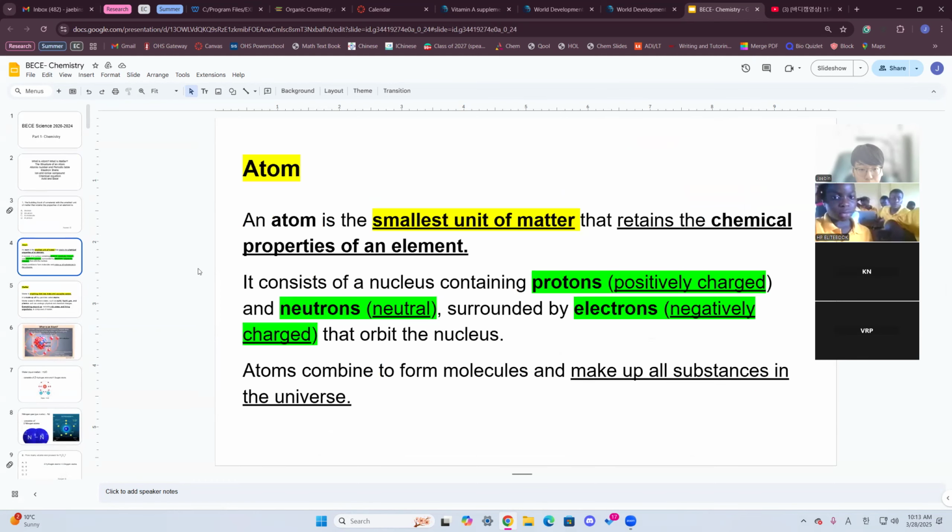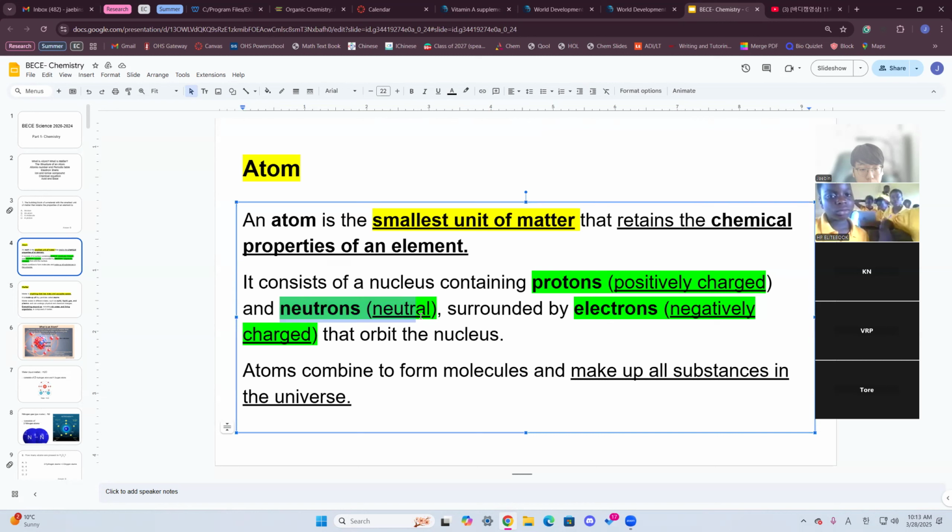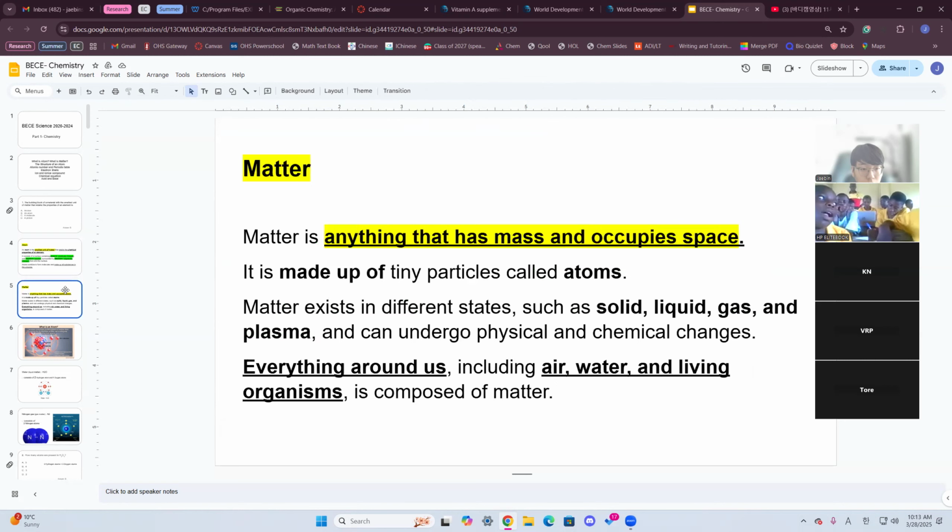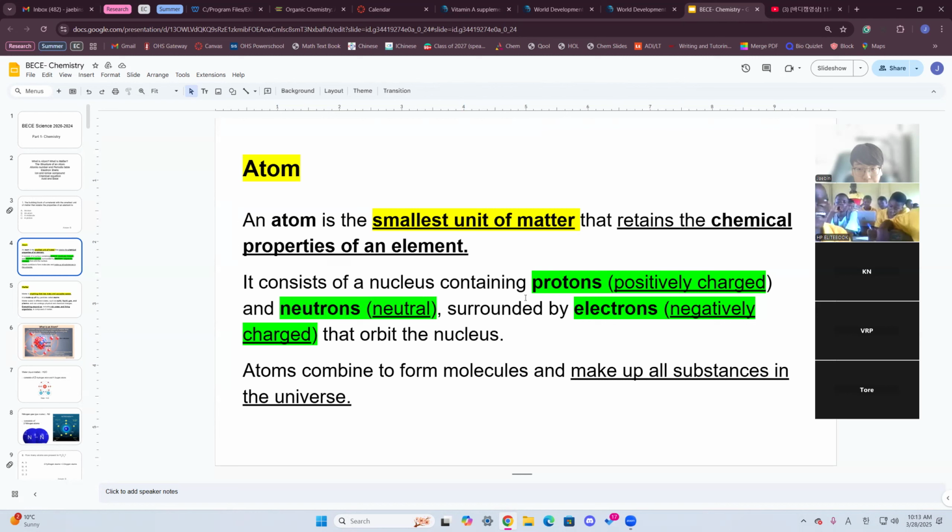So protons are positively charged and neutrons are neutral. It does not have any charges. Both protons and neutrons are at the center of an atom.